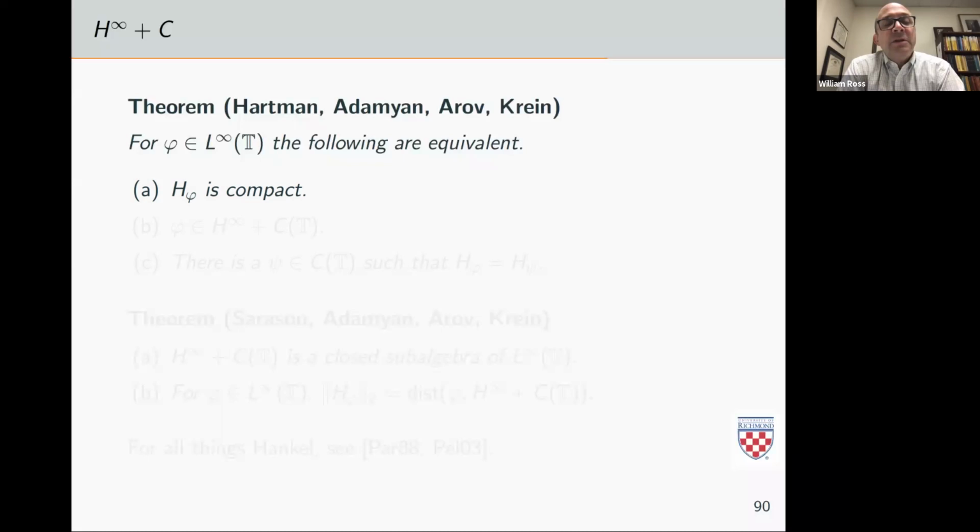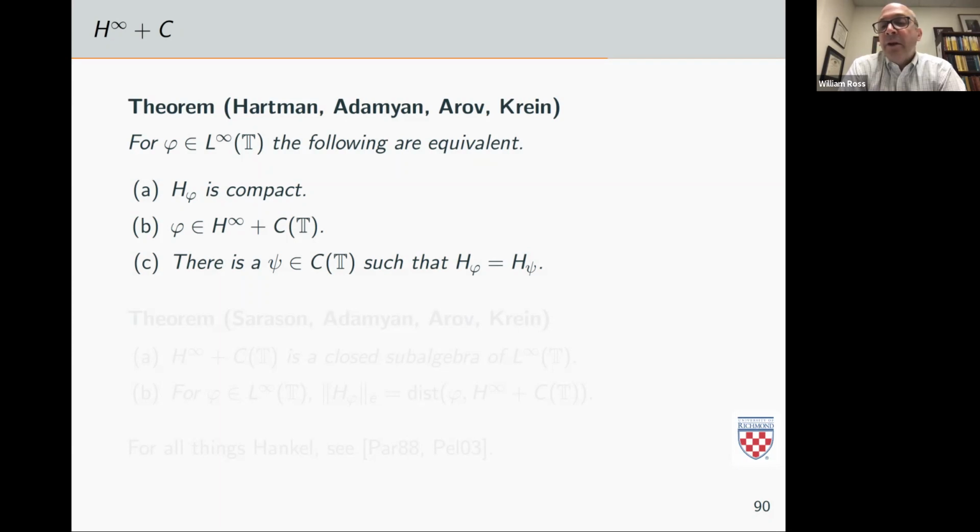H phi is compact if and only if the symbol is in H infinity plus C. Notice that I can perturb a Hankel operator with any H infinity symbol. And a restatement of that is there's a psi in the continuous functions on the circle such that the Hankel operator can be represented with that continuous symbol.